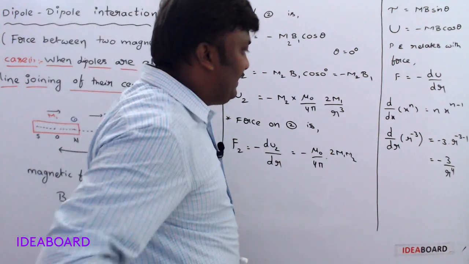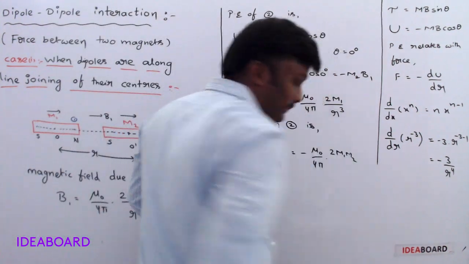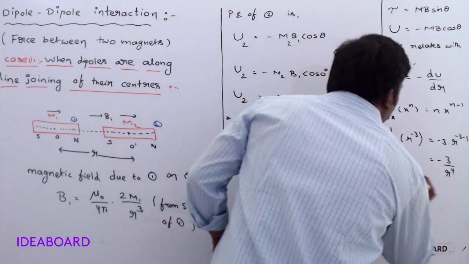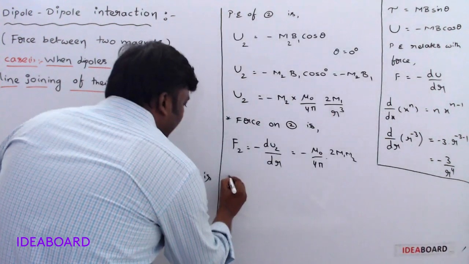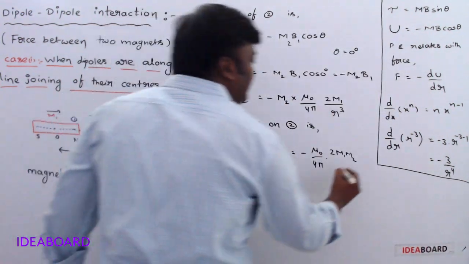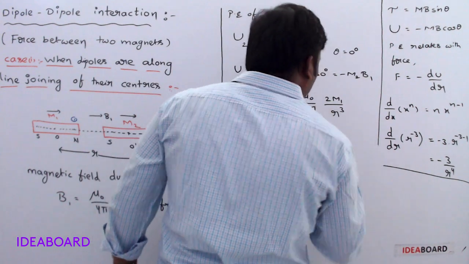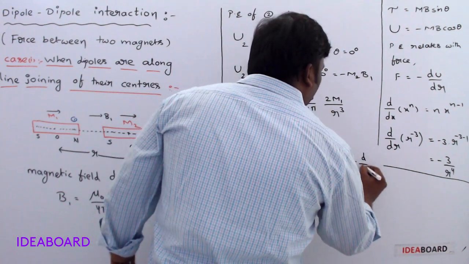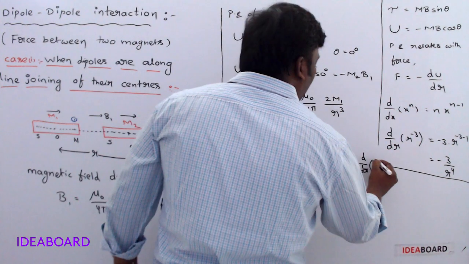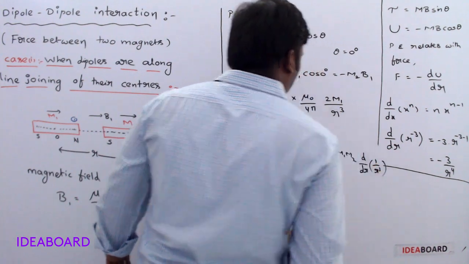So what is the balance? Here the balance is d by dr of 1 by r cube.